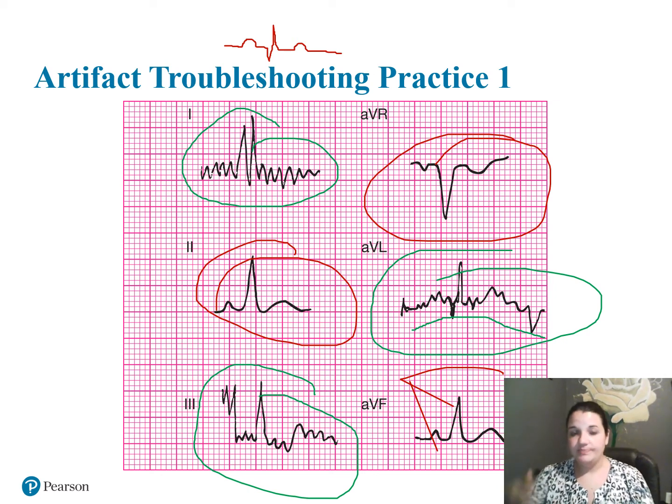Again, lead 1, right arm to left arm. Lead 3, left arm to left leg. AVL is my left arm. So if you haven't figured it out yet, the problem is my left arm.